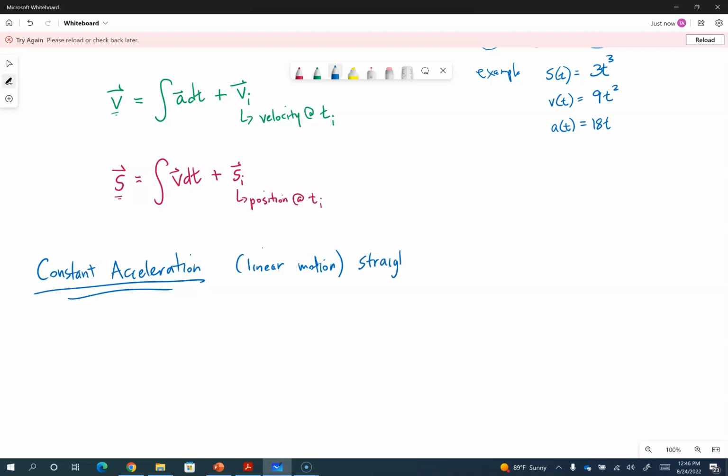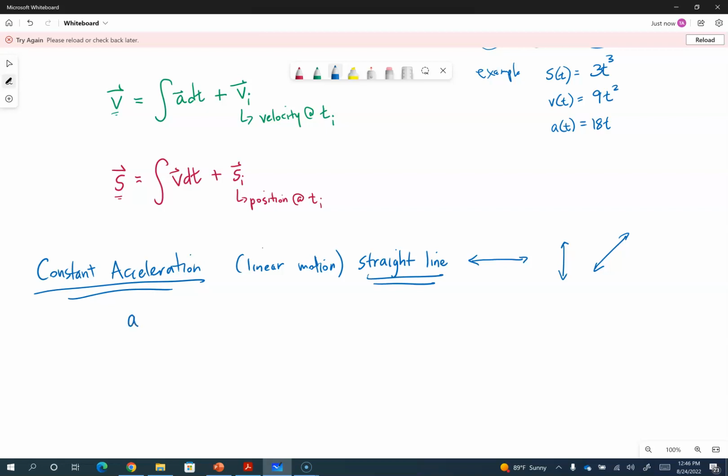It's either moving horizontally, right or left, it could be moving vertically, up or down, or it could be moving along a slope or incline. The requirement is that it is moving in a straight line.